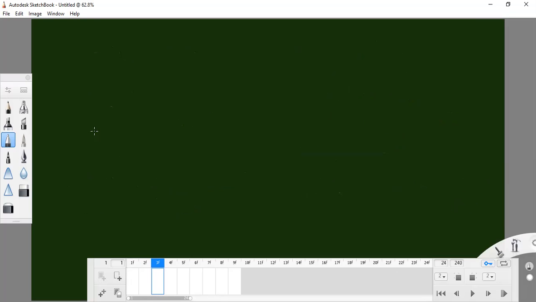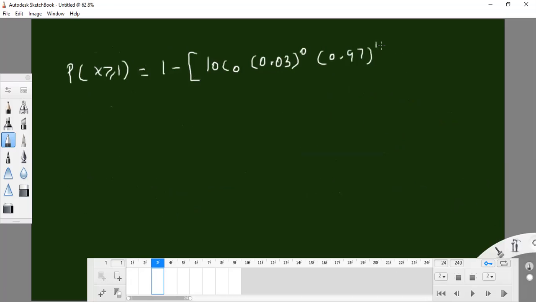So P of x greater than or equal to 1 equals 1 minus 10C0, 0.03 whole power 0, 0.97 whole power 10. Anything to the power 0 is 1, and nC0 is also 1. So it is 0.97 whole power 10.